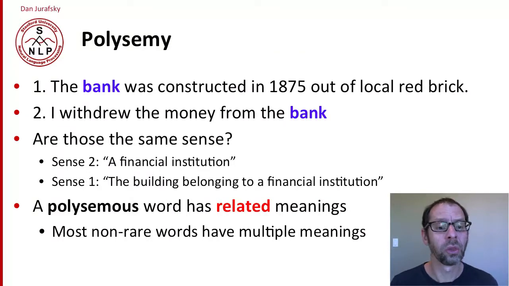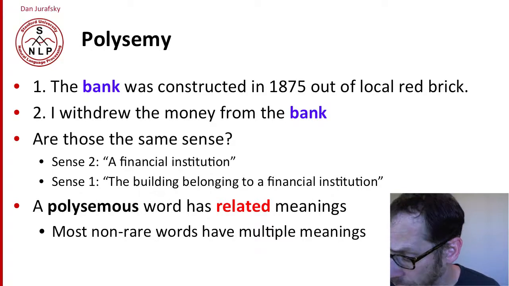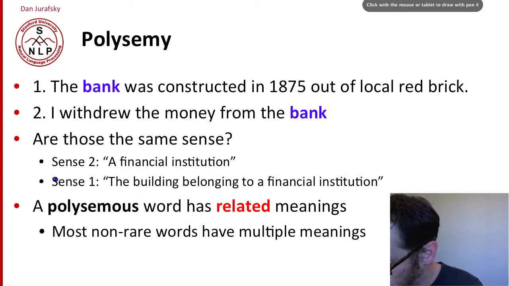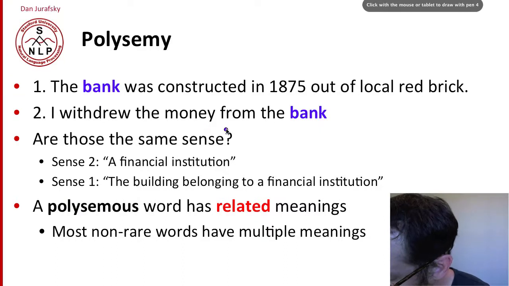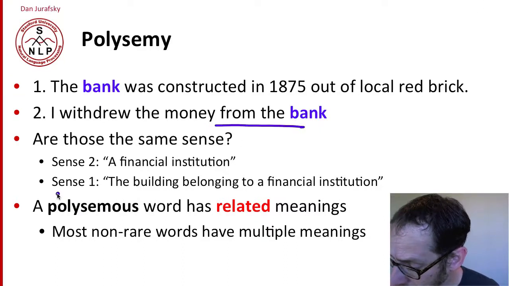So consider these two senses of the word bank. The bank was constructed in 1875 out of local red brick, and I withdrew my money from the bank. Are those the same sense? We might call sense two financial institution. So I withdrew my money from this financial institution. And sense one, something about the building.